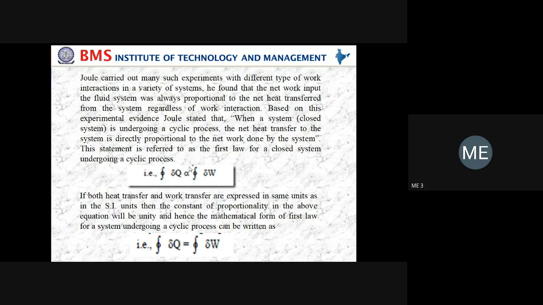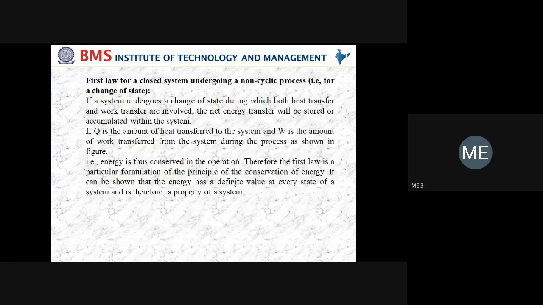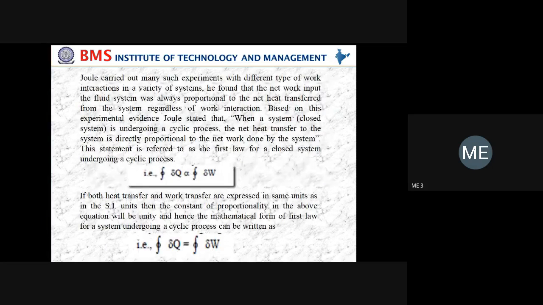The cyclic integral of dq is proportional to the cyclic integral of dw, and with the constant of proportionality, the cyclic integral of dq equals J times the cyclic integral of dw. The constant of proportionality J is called the Joule's equivalent of heat. This is called the first law of thermodynamics for a cyclic process.